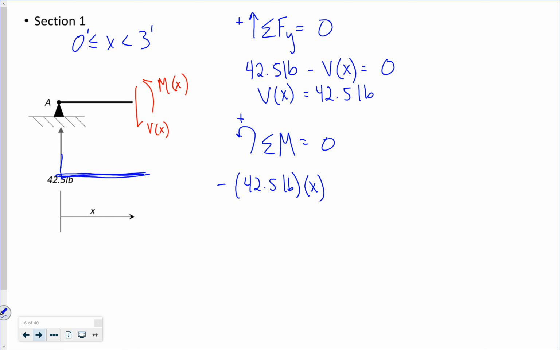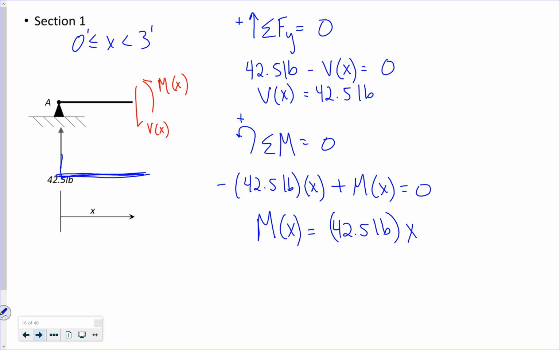So 42.5 pounds at a moment arm of X. And then I have my moment at X. So I solve for my moment at X. I get 42.5 pounds times X.